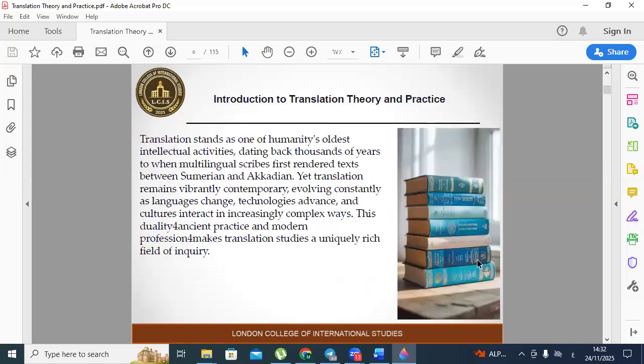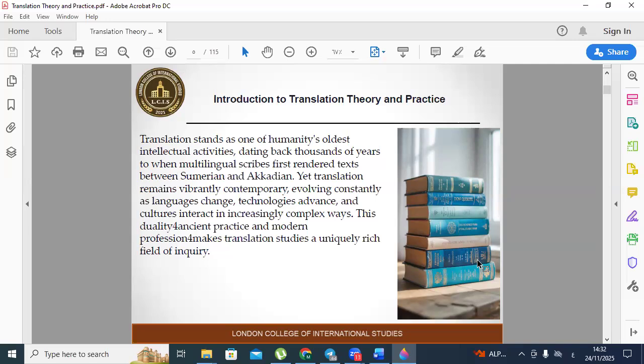Now let's move to Introduction to Translation Theory and Practice. Translation stands as one of humanity's oldest intellectual activities, dating back thousands of years to when multilingual scribes first rendered text between Sumerian and Akkadian.